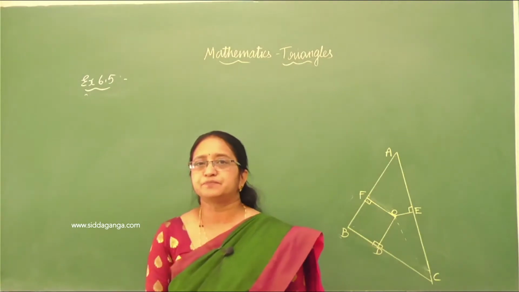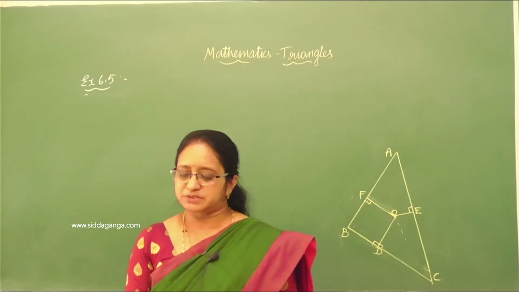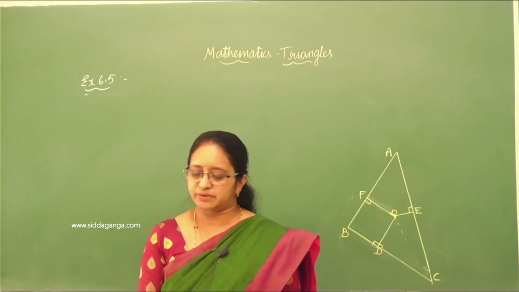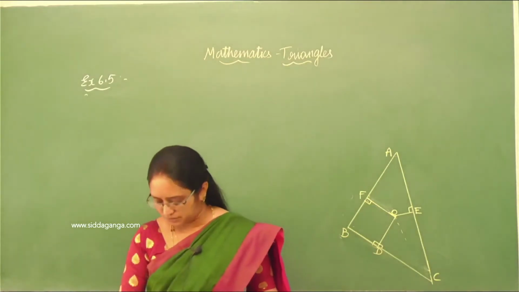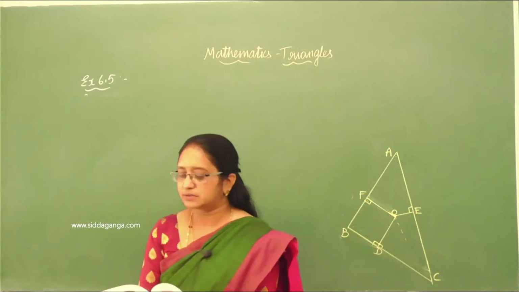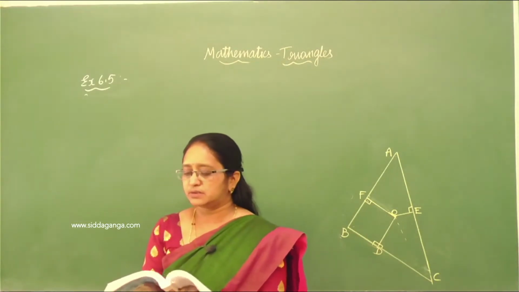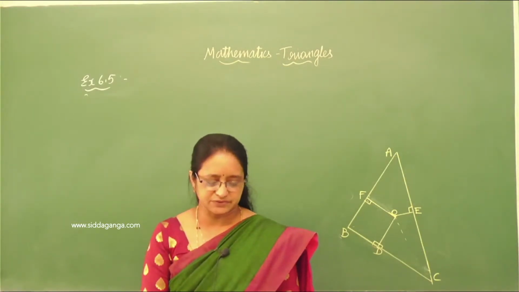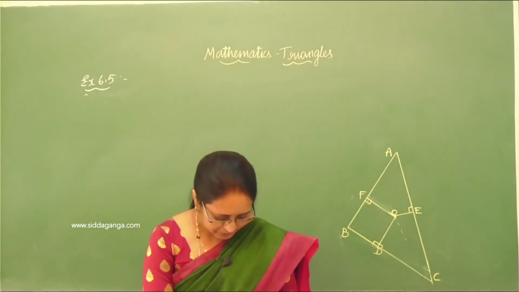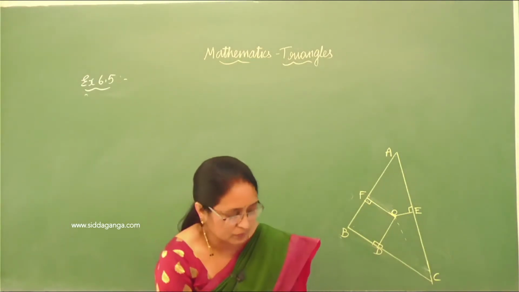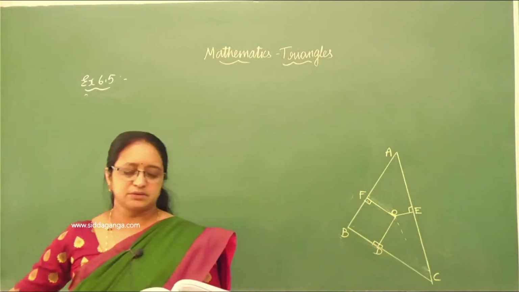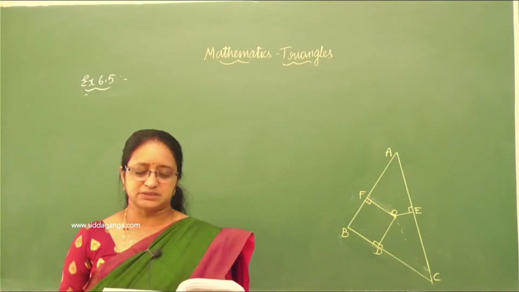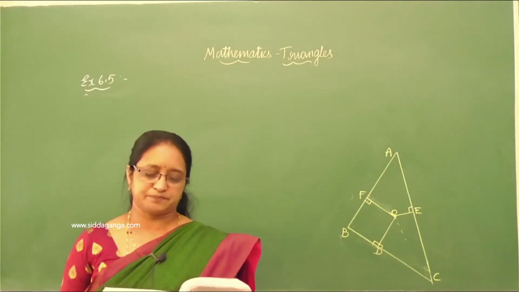Show that OA square plus OB square plus OC square minus OD square minus OE square minus OF square is equal to AF square plus BD square plus CE square. That is the first one. Second one: AF square plus BD square plus CE square is equal to AE square plus CD square plus BF square.